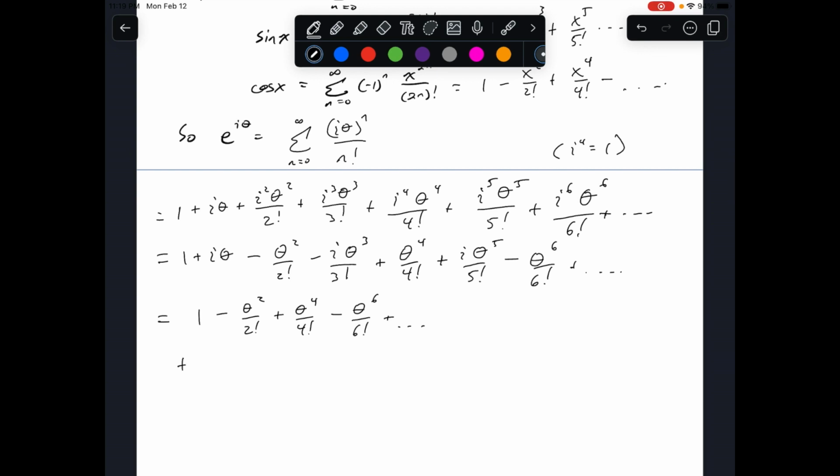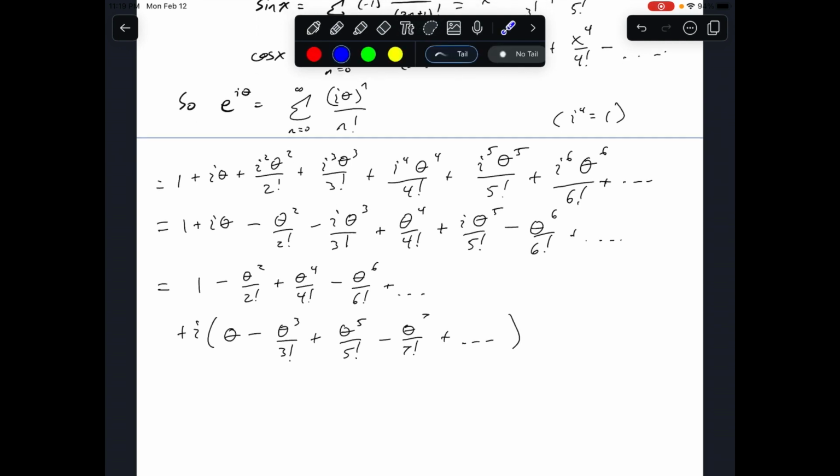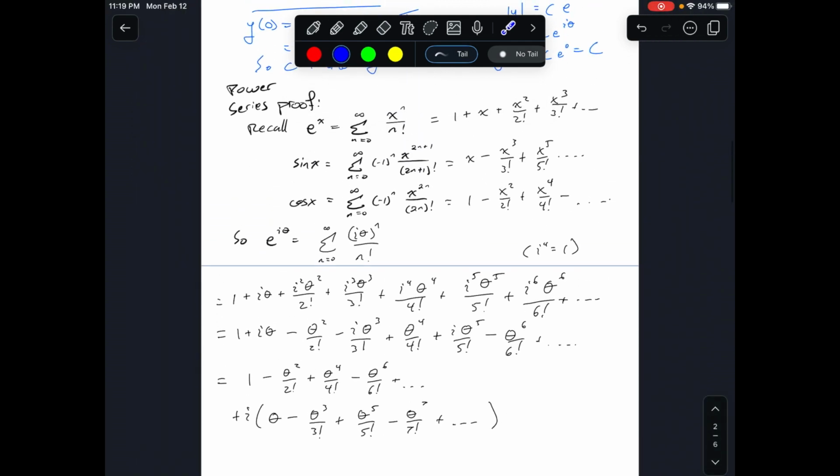And then the i terms, I'm going to just factor out an i from all of them. So i times theta, and then minus i times theta cubed over 3 factorial, and then plus theta to the fifth over 5 factorial. The next one will be minus theta to the seventh over 7 factorial, and so on. But what do we notice?